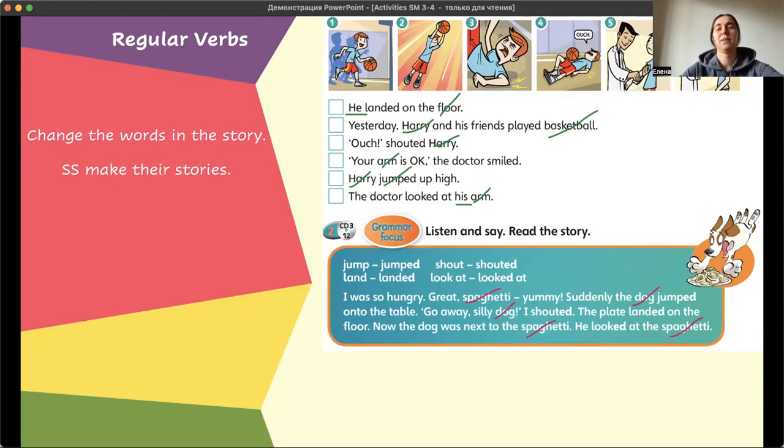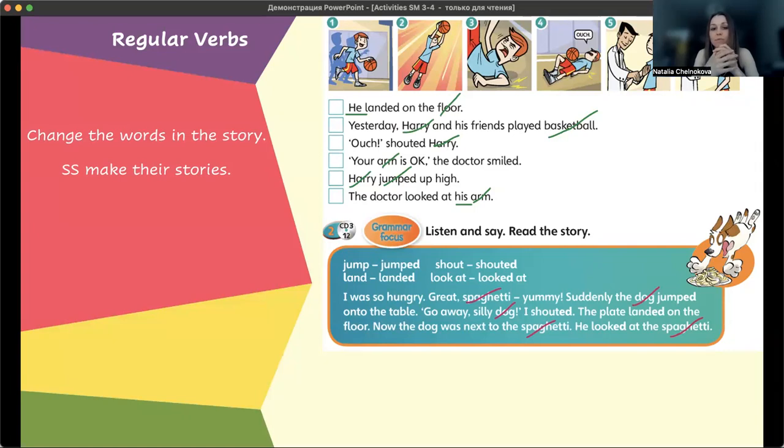We can watch this exact example: how to deal with this grammar, and how to present, and how to even change spaghetti and the dog. Yes, and it worked really good. I have never done these pages before like this, and yes, it was a funny lesson.